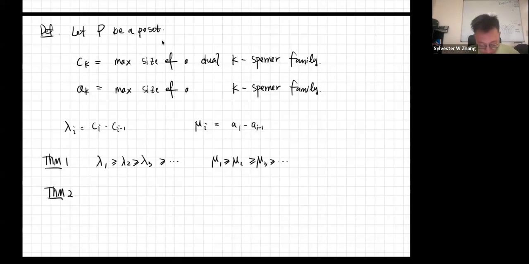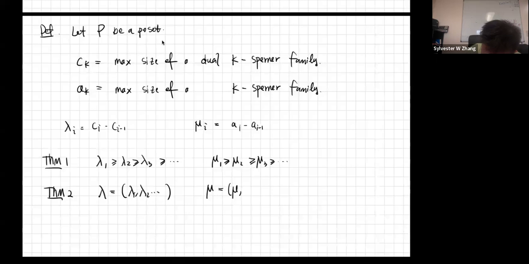The second theorem they proved is that if we let lambda be the partition lambda_1, lambda_2, and so on, and mu be the partition mu_1, mu_2, and so on, then these two partitions are dual to each other.